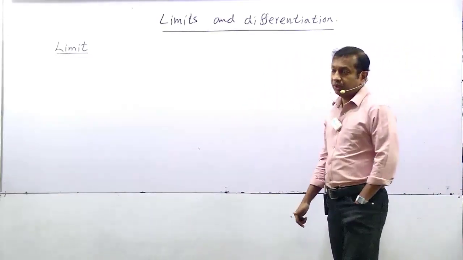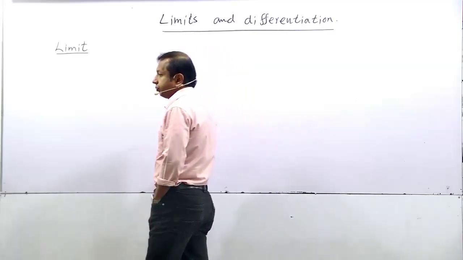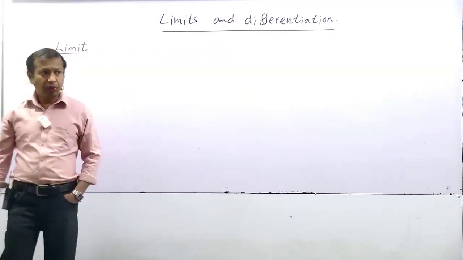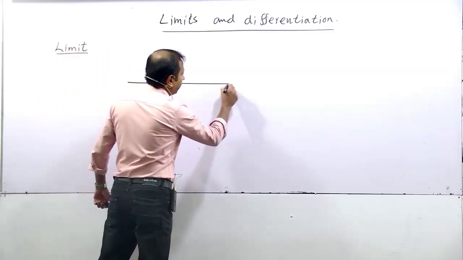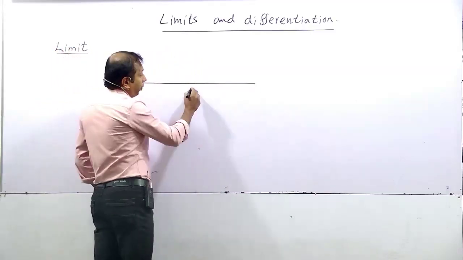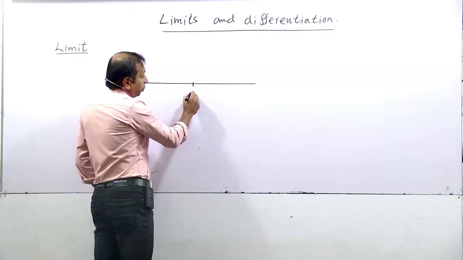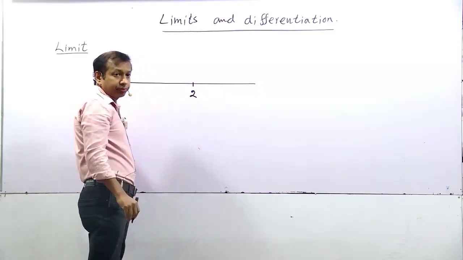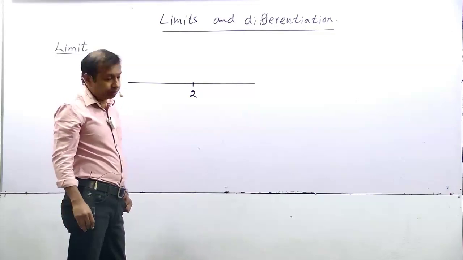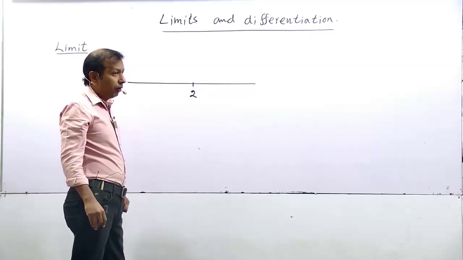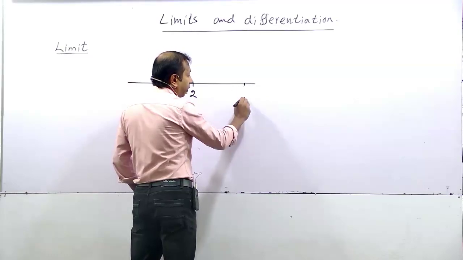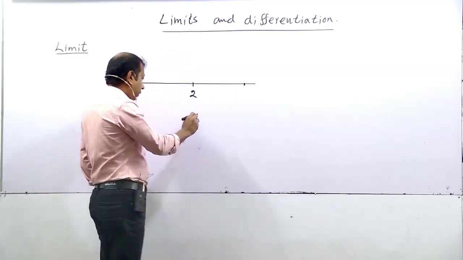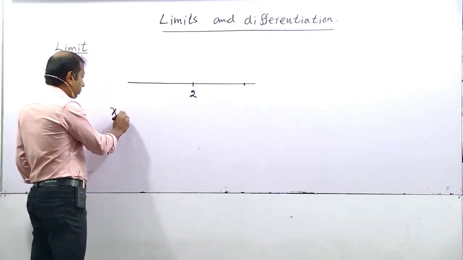Okay. Now suppose on the number line we have here 2. Here we have a variable x.